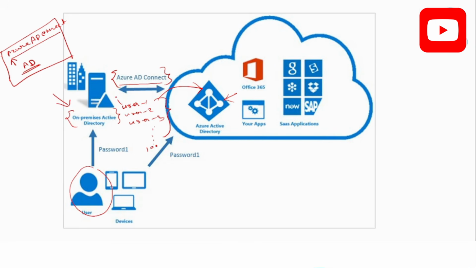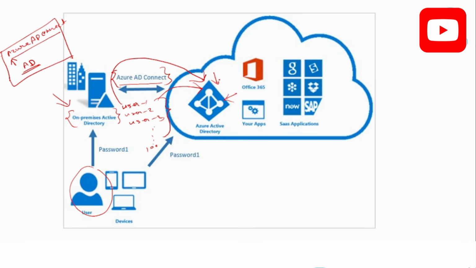Everyone, we are going to synchronize all the on-prem AD users to Azure AD, right? So we need one global administrator access, meaning one global account, mail ID and password. If it is already created, well and good.